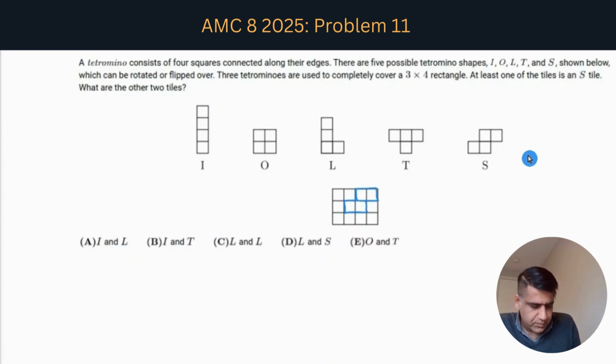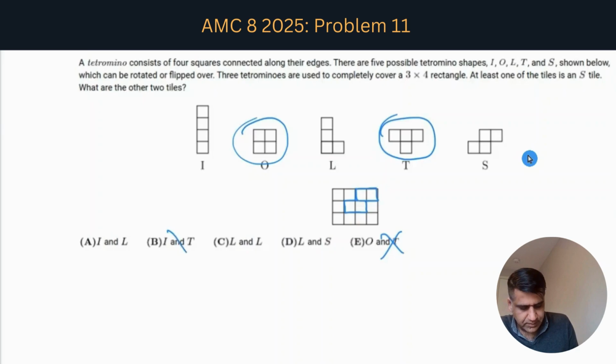So if we are putting S here, it means that O is not possible, so we can eliminate this option. The second option that we can eliminate is T, because if we see, we cannot fit T in this shape. If you put S here, we can also eliminate this option.